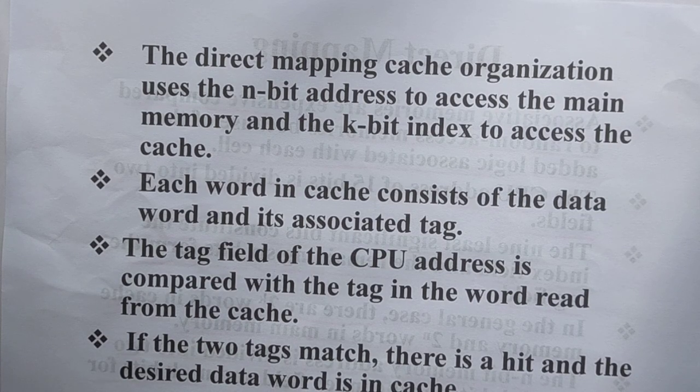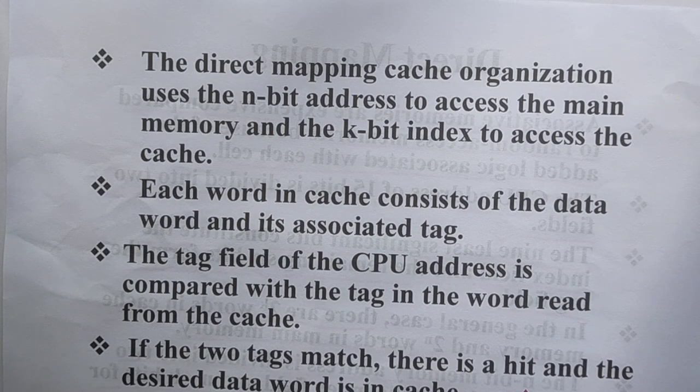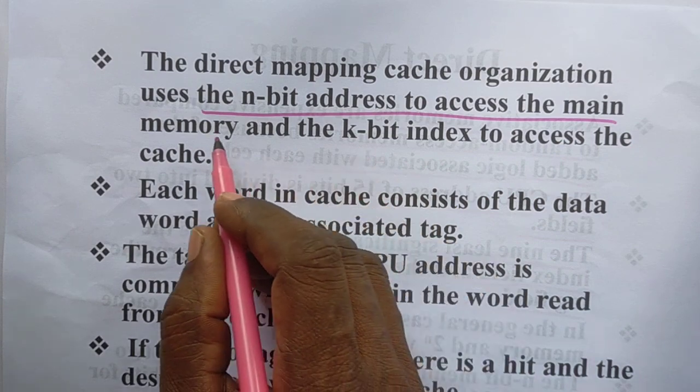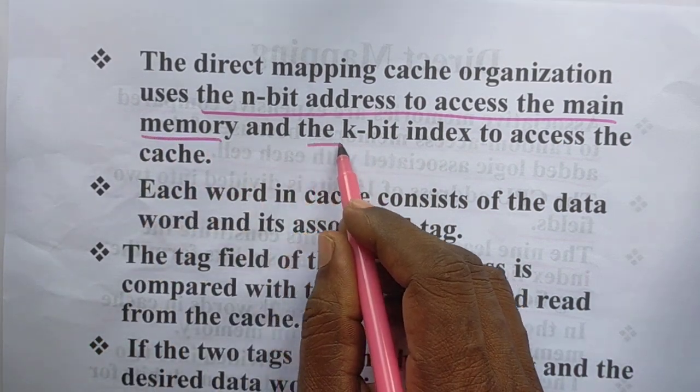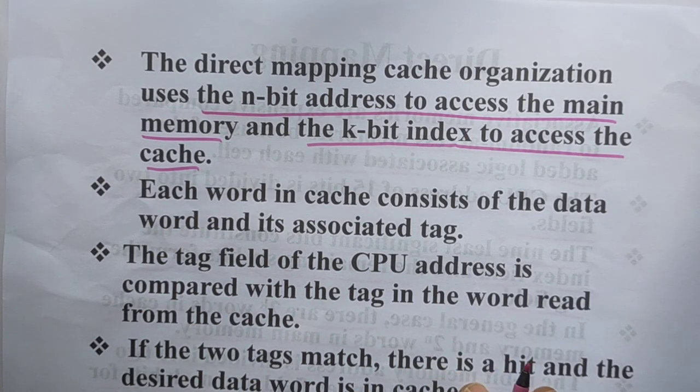So here the direct mapping cache organization uses an n-bit address to access main memory and a k-bit index to access the cache. Both main memory and cache memory are used in direct mapping.